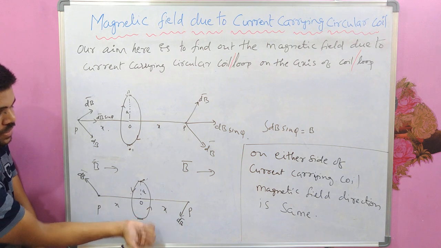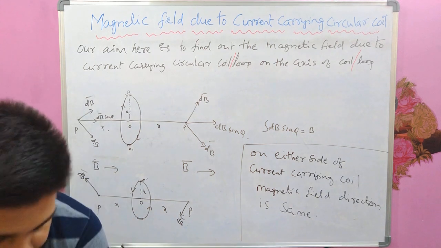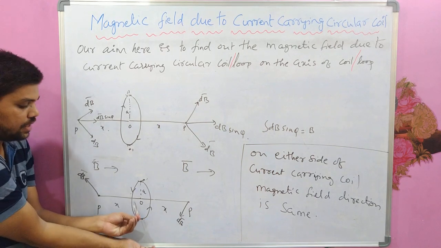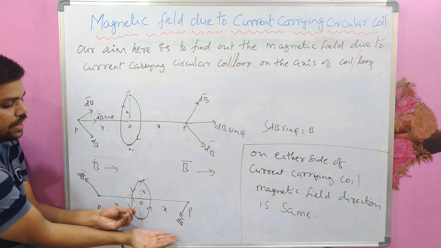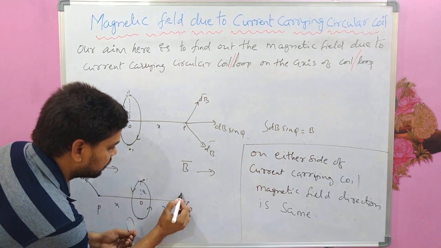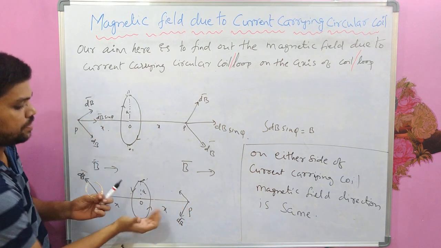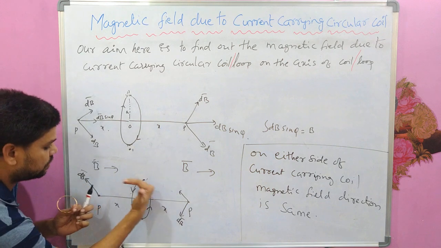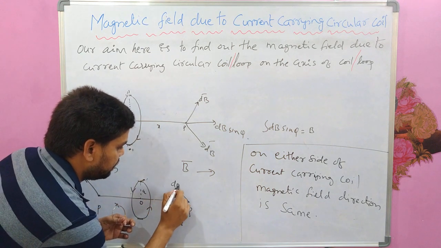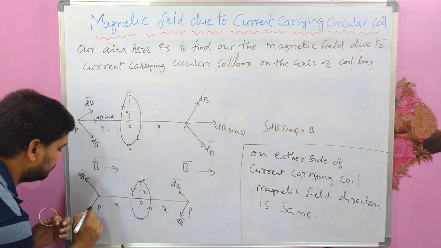The current is outwards here on the bottom, and the magnetic field is this way, so it goes like this. This is dB and this is dB.